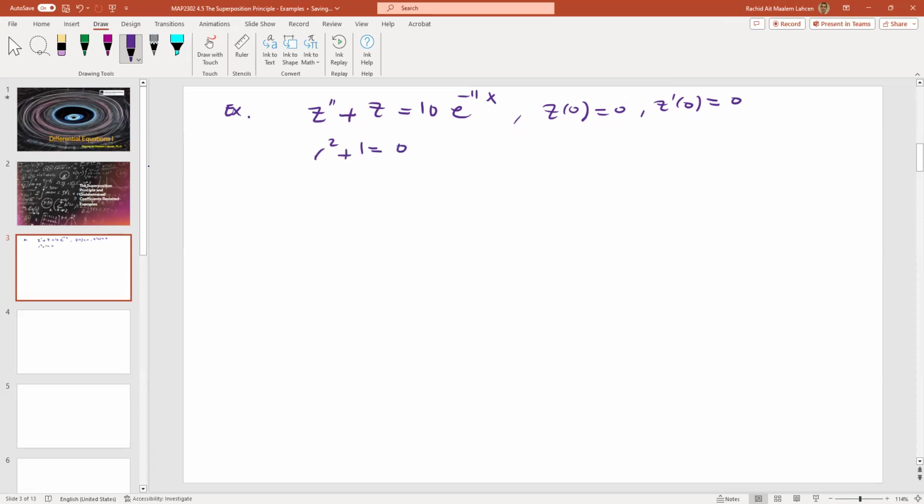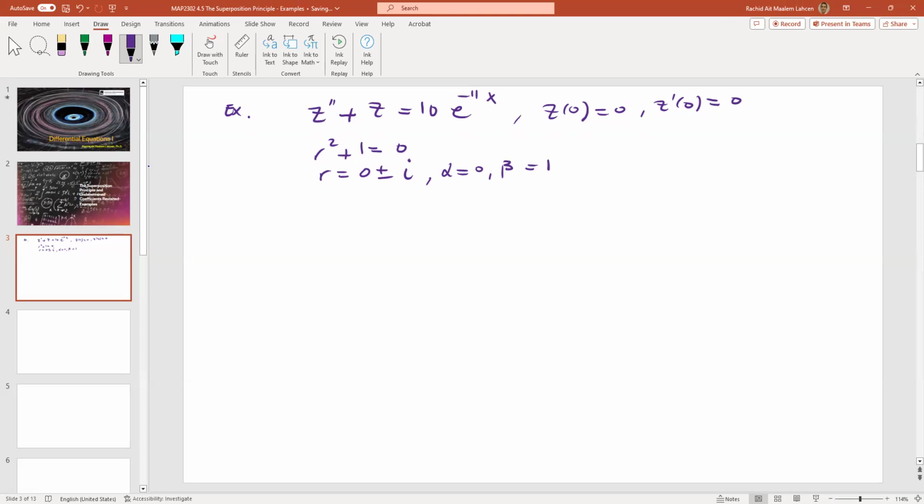Examine the auxiliary equation, and that gives us r squared equal to -1, so r is plus or minus i. So alpha is 0, beta is 1.